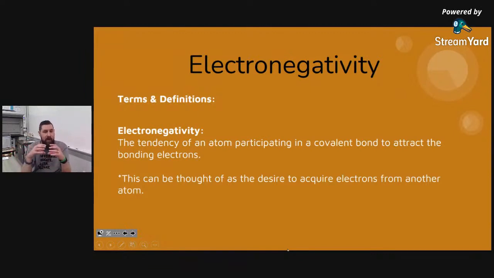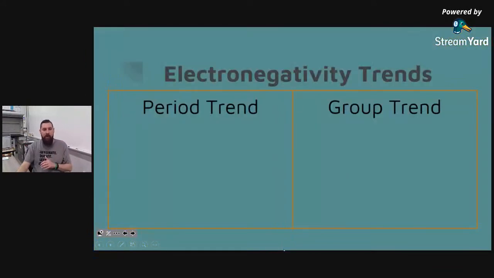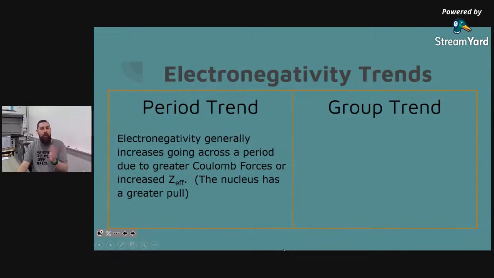This goes into what type of covalent bond is formed. Is it purely covalent where they both have the same electronegativity and an equal pull, or does one have a larger electronegativity, pulls the electrons over towards it, and you get what's called a polar bond? So electronegativity has implications when you get to types of bonds. But as far as trends, period trend, as you go across, we see electronegativity increase.